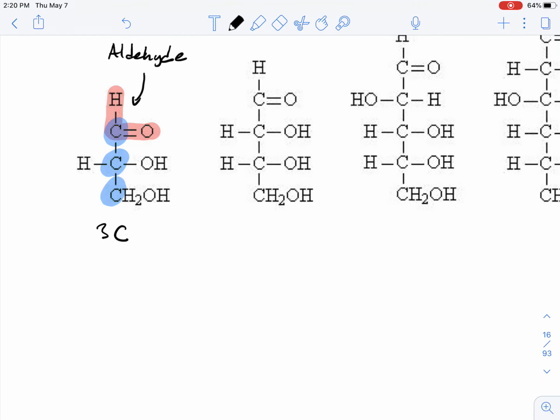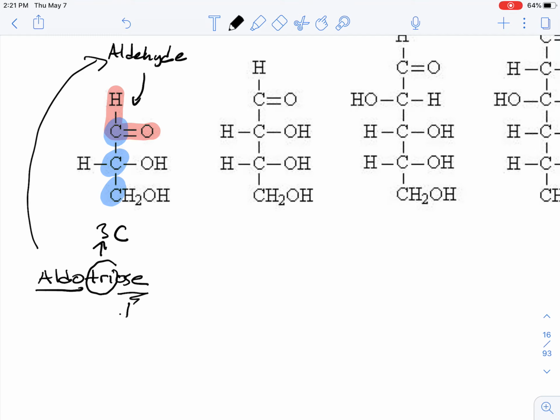And so I'm going to name this aldotriose. Aldo is coming from aldehyde. Tri, which in this case is pronounced tree, comes from the number of carbons.